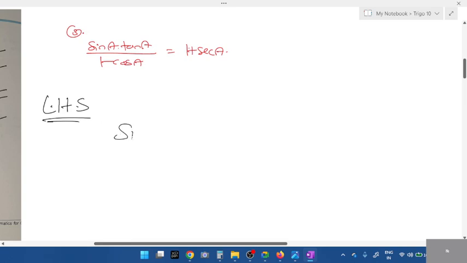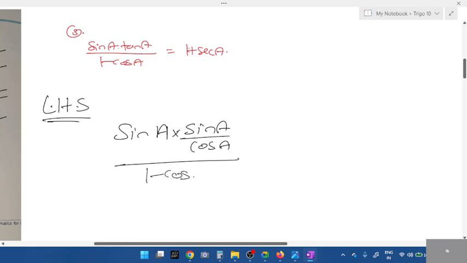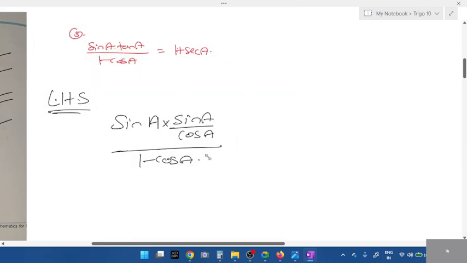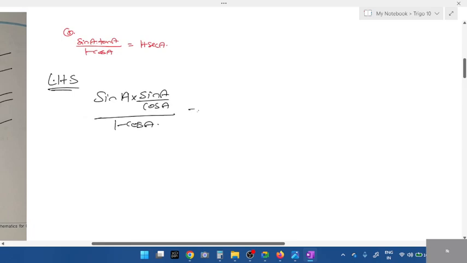Let us take LHS: sin A. What is tan A? How do I convert it into sin and cos? What's the special formula? Sin A divided by cos A. Keep this 1 minus cos A as it is. What is sin A into sin A?